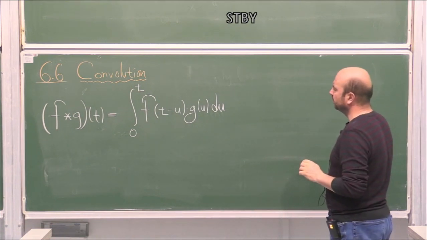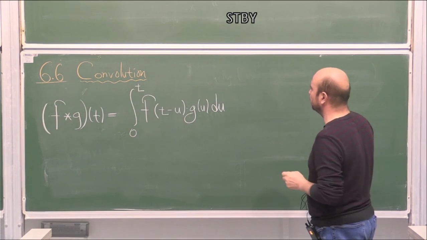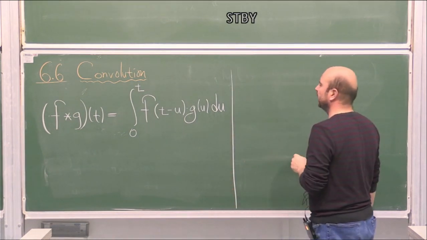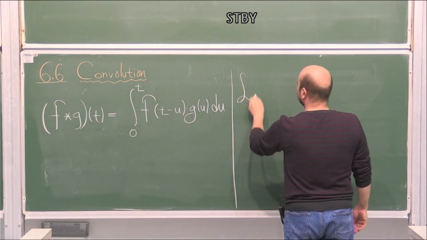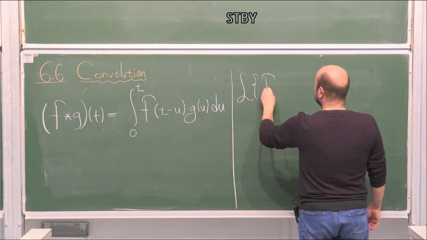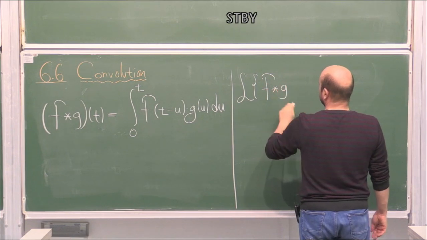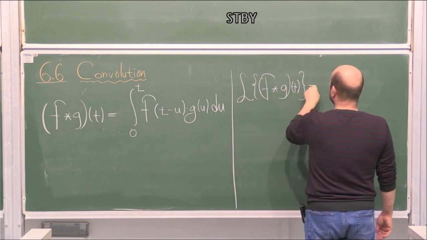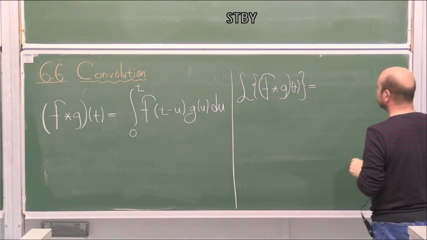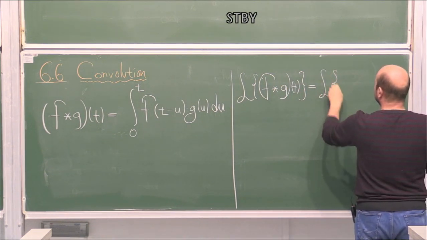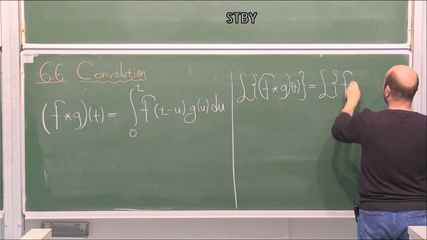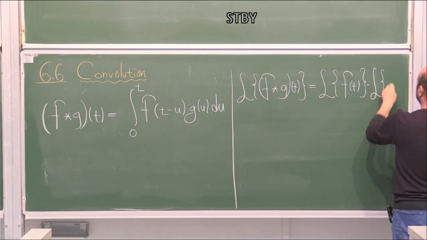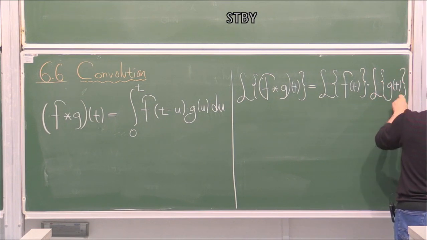And furthermore, the main property of the convolution, why we were defining and using it basically: if you take the convolution of two functions and take it to Laplace, it's basically the product of the Laplaces. So f's Laplace times g's Laplace.